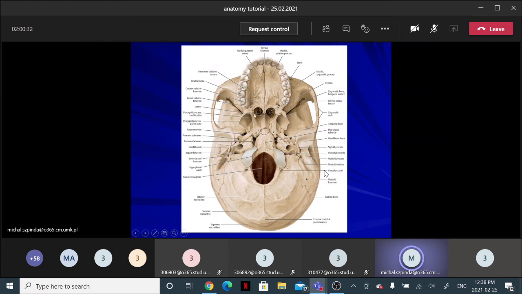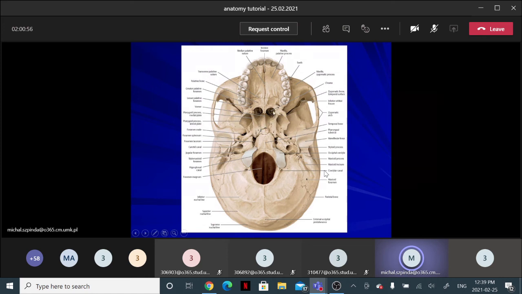Here is visible the vomer. The vomer forms the inferior posterior part of the bony nasal septum. Among others, it separates two nasal cavities from each other.